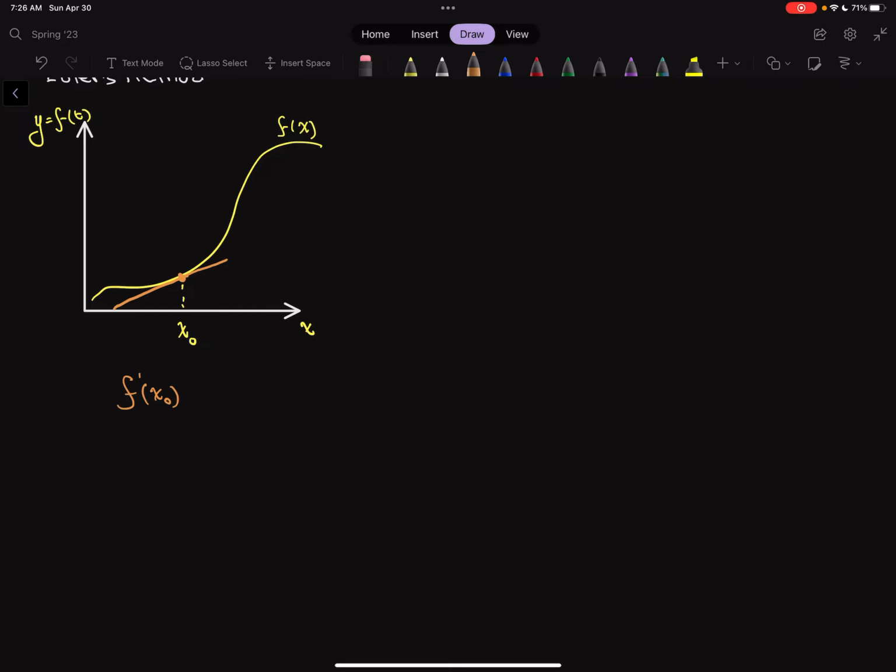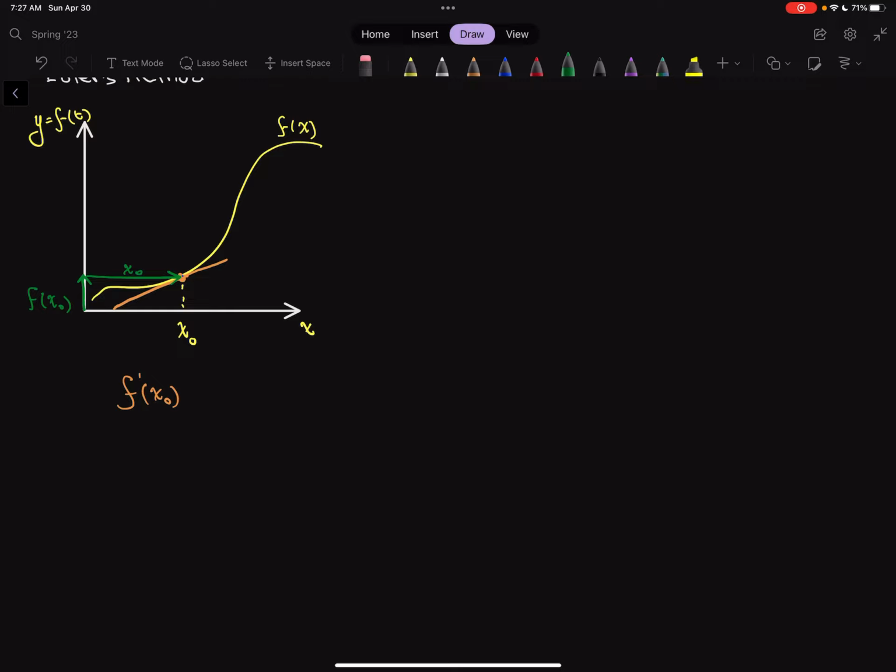Now, how do I specify that I want to start from here and then approximate some values that are close to this function by going up on this line or down on this line? I need to specify that I am starting from an amount up and an amount to the right. So I'm shifted to the right by x naught, and shifted up by f of x naught.